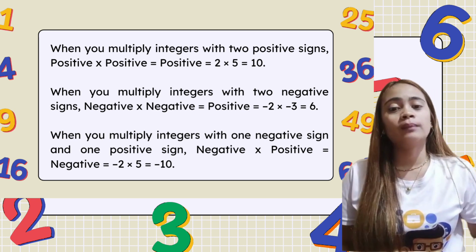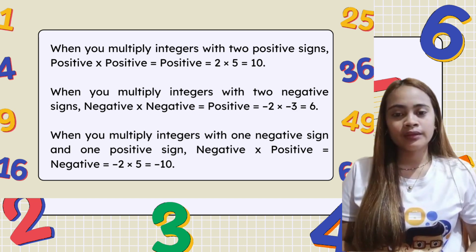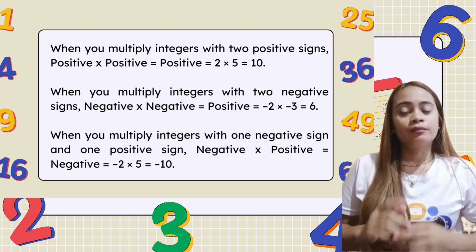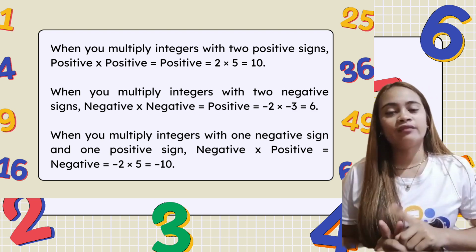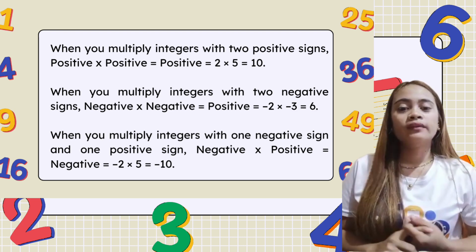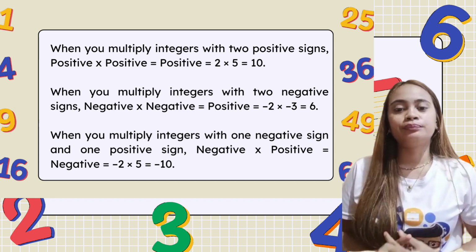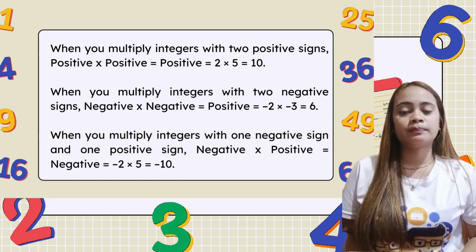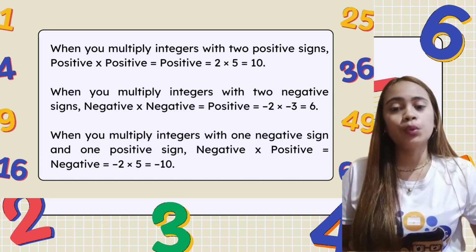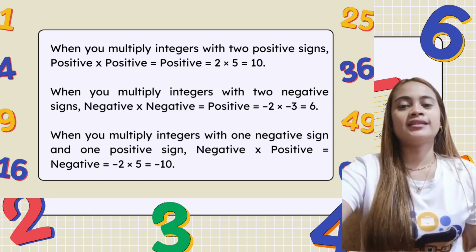Of course, the result will be negative. Kasi nga, pag nag-combine mo yung negative and saka yung positive signs, the result will be negative. For example, negative 2 times positive 5 is equal to negative 10.